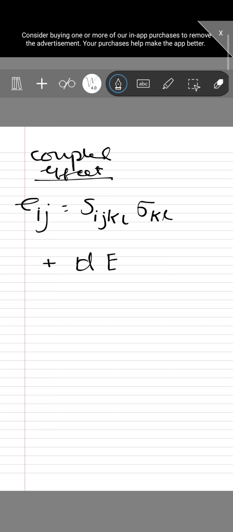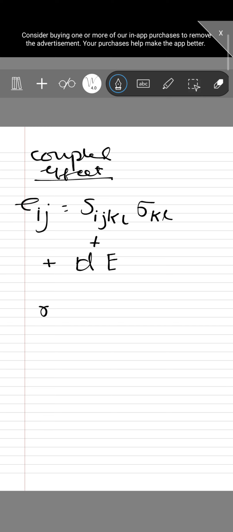Since we are representing it by dt, this is the transpose of it, so we are assuming that the electric field may cause some strain.